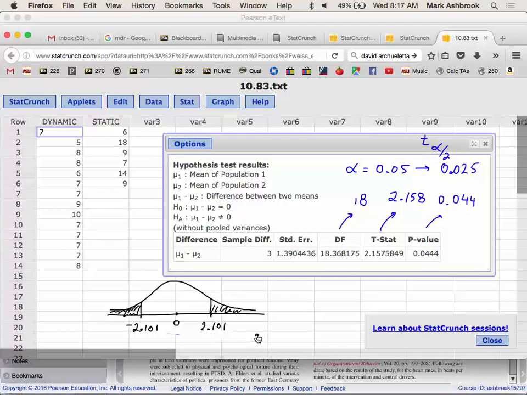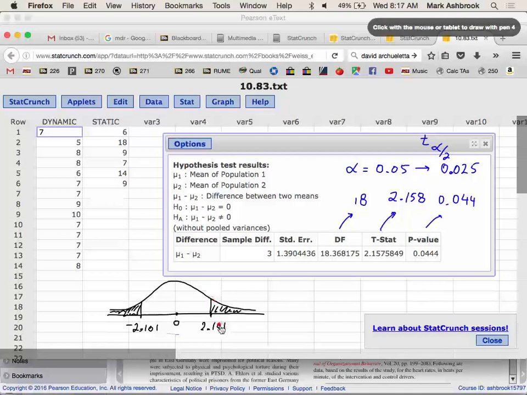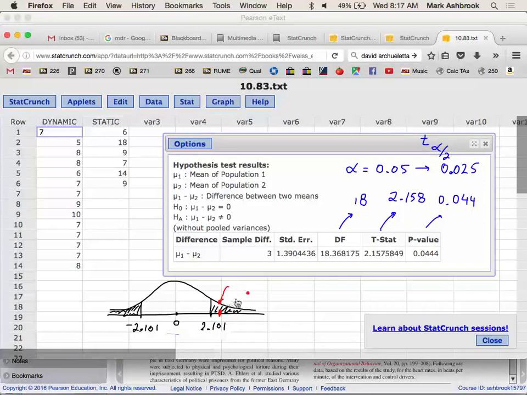What was our test statistic? 2.158. Does that fall in the non-rejection region or the rejection region? Rejection region.